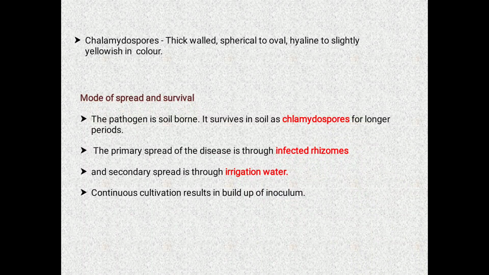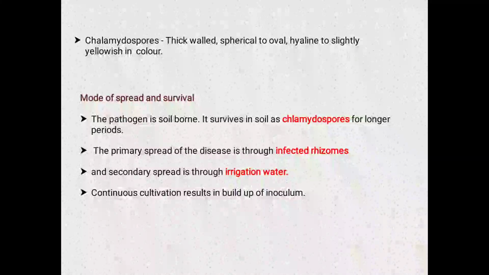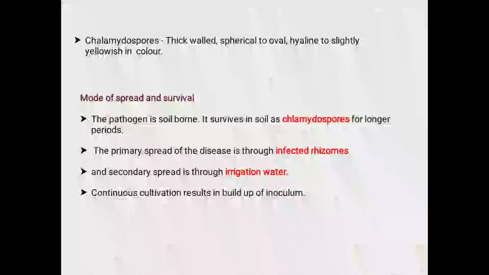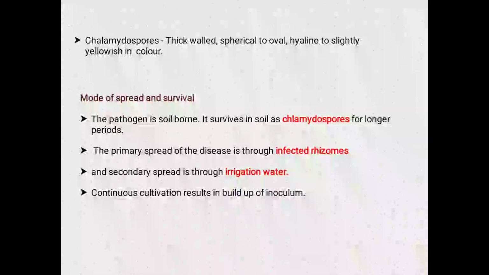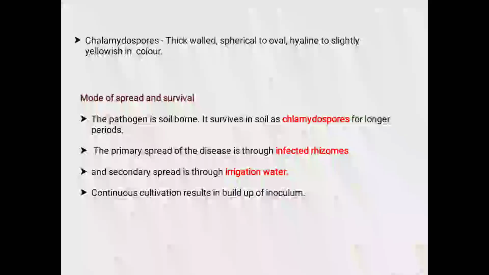Let me see the mode of spread and survival. It is also called perpetuation. Basically, microorganisms can survive on their host. In some cases, in the absence of the main host, they can also survive by different methods.